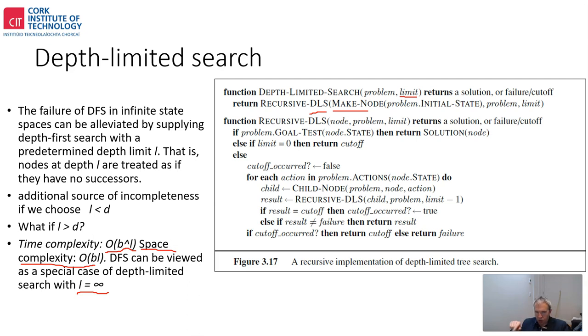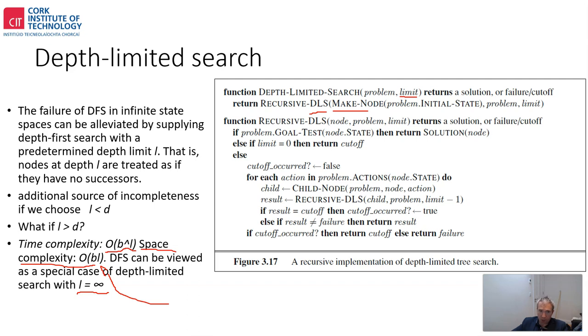As such, you generate a recursive call that will reduce us to the base case, being arriving at our goal state. When that eventually returns, the returns will percolate the whole way up, and this is why we're able to achieve the space complexity of big O of bL. I hope that makes sense.